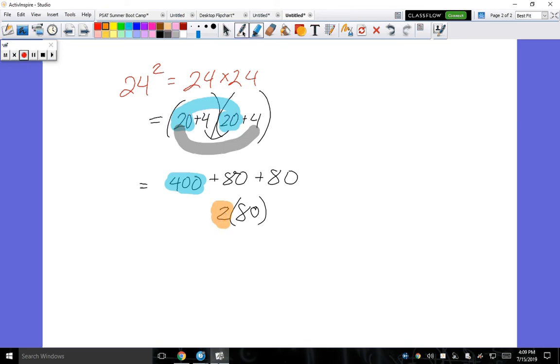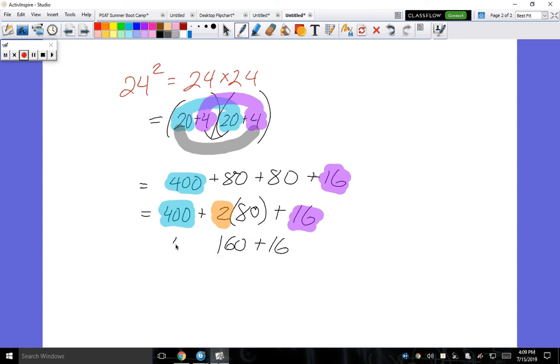And then finally, the last one will be 16. You ready, guys? So this is 160. So this is 560, otherwise 576. Are we good? That's a lot of work.